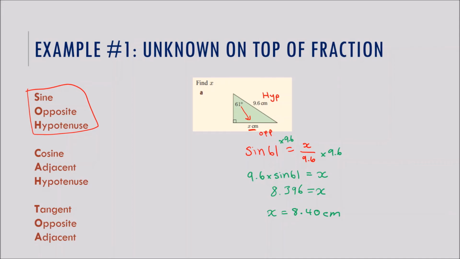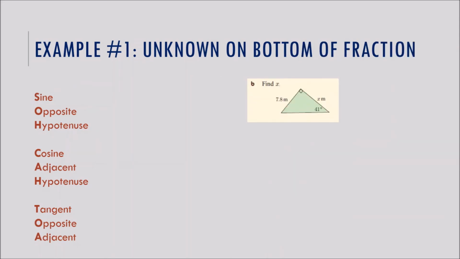Alright, let's have a look at what we would do if we had an unknown on the bottom of a fraction instead. So let's have a look at this one here. Again, our very first step is to label each of our sides. So I have my angle here, and that means this is my adjacent.